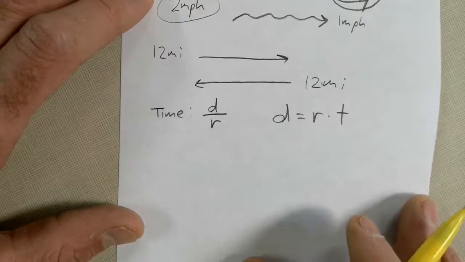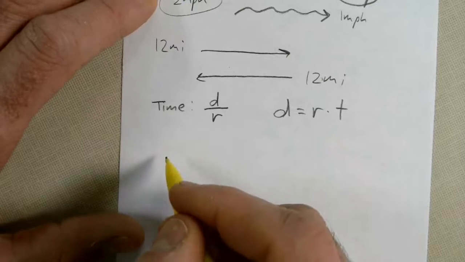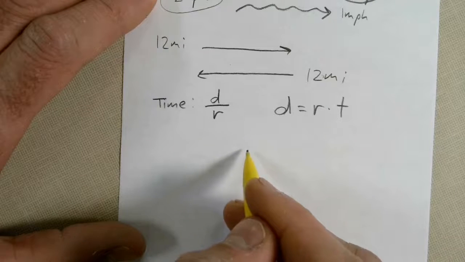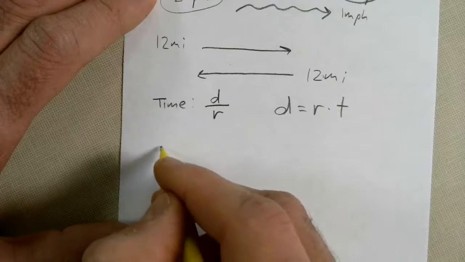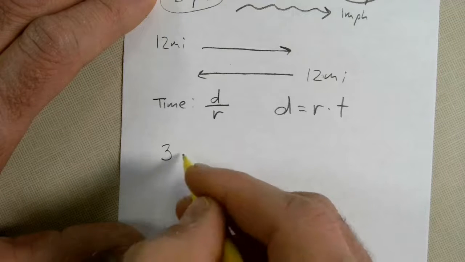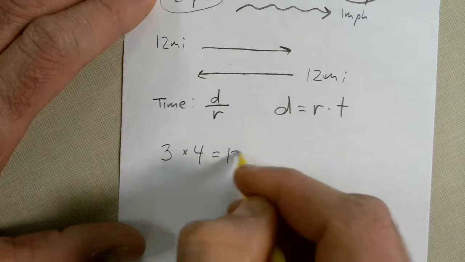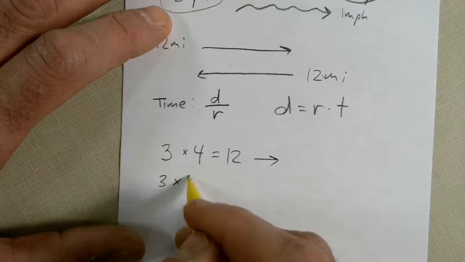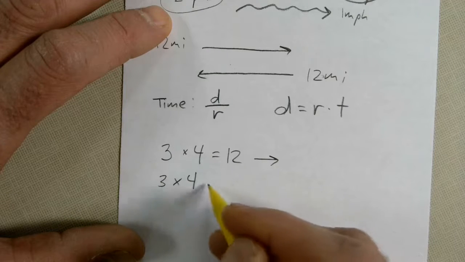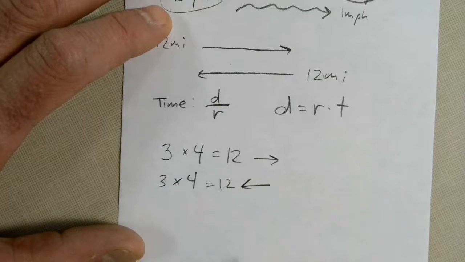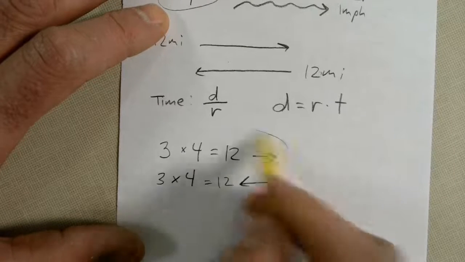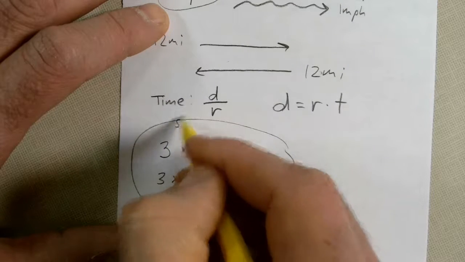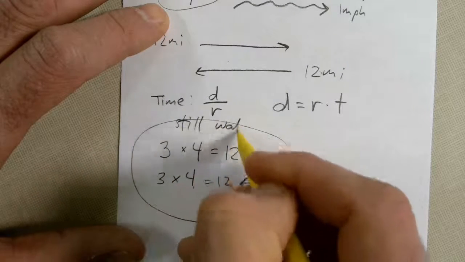Now, suppose we just do this in a pond. You go 12 miles there, 12 miles back. Well, you're going to be doing 3 miles an hour for 4 hours to get 12 miles when you go down, and 3 miles an hour for 4 hours to get 12 miles to come back. But let's think about it. This is your still water moving.